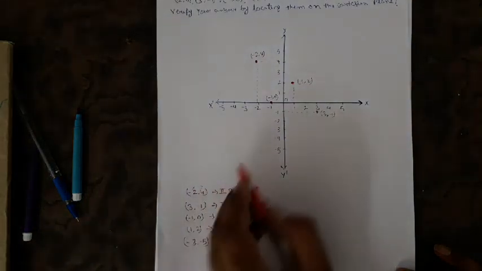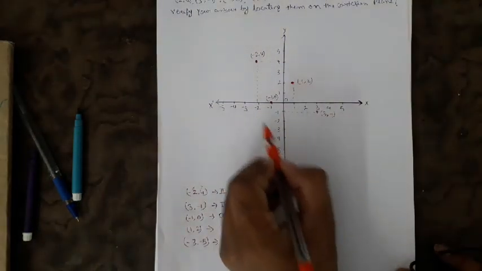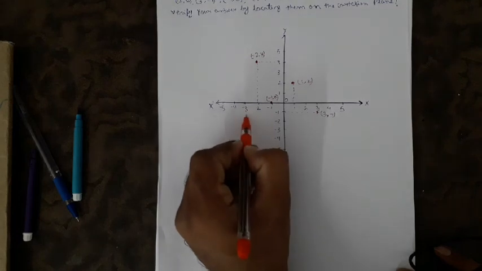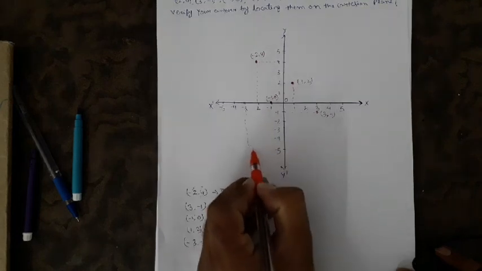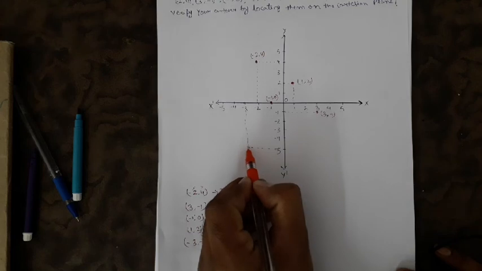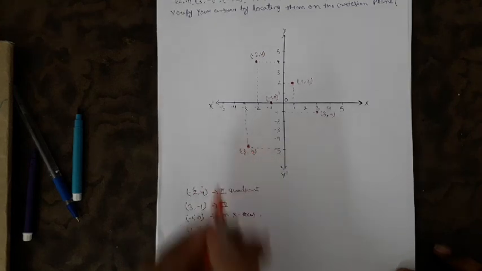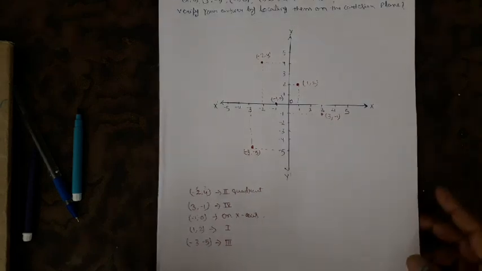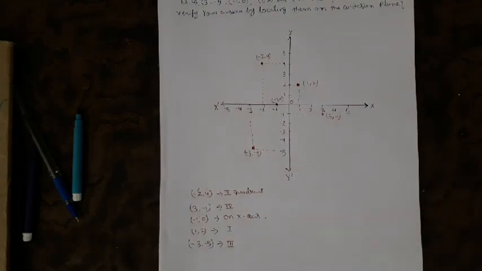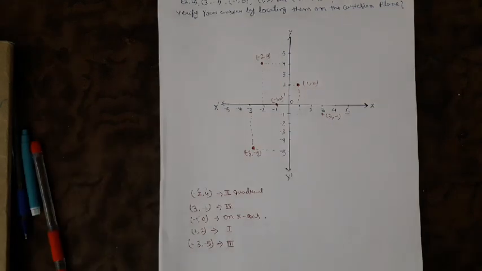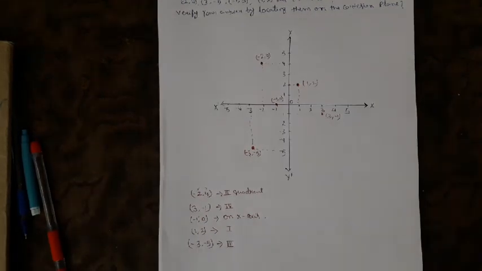And last, -3 and -5, so -3 we have here and -5 we have here, so this point would lie here. So this was the explanation of the first question of 3.3. The second you have to solve on your own, and I'll provide a PDF, so see there. And here we have completed chapter 3. Thank you.